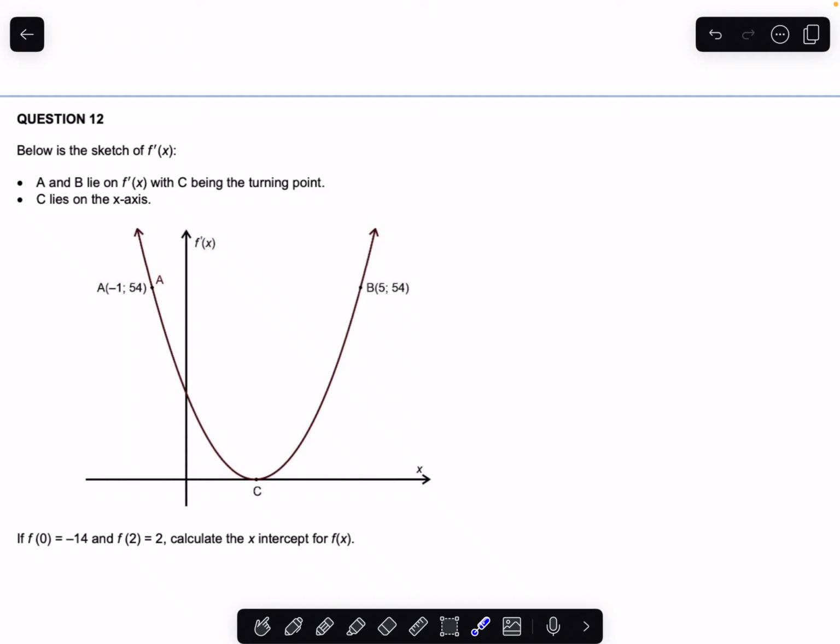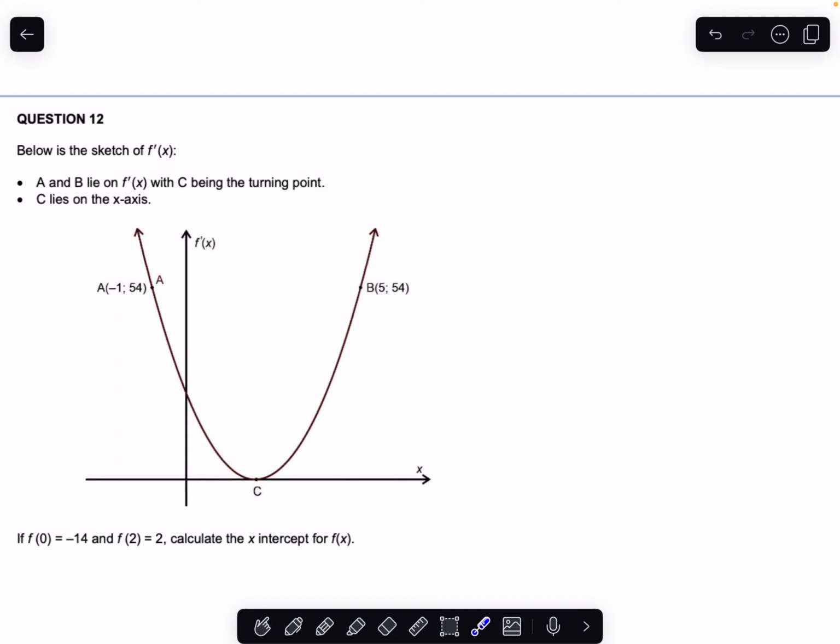Really what we're talking about is the gradient of the tangent at that point. I think that's how I've always understood it. So when I talk about the gradient of the curve, what I really mean is the gradient of the tangent to the curve at this point.